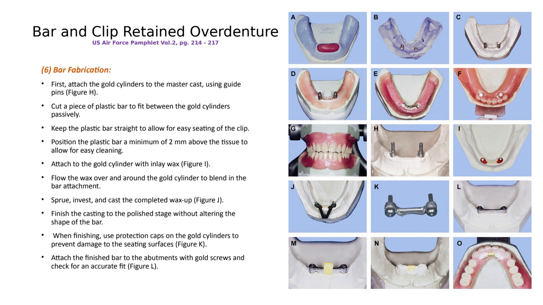So to fabricate the bar using the hands-on method, we start first by attaching those UCLA or gold cylinders to the master cast and tighten them up using the guide pins or the long pins. Then we're gonna cut a piece of the plastic bar to fit between the gold cylinders.